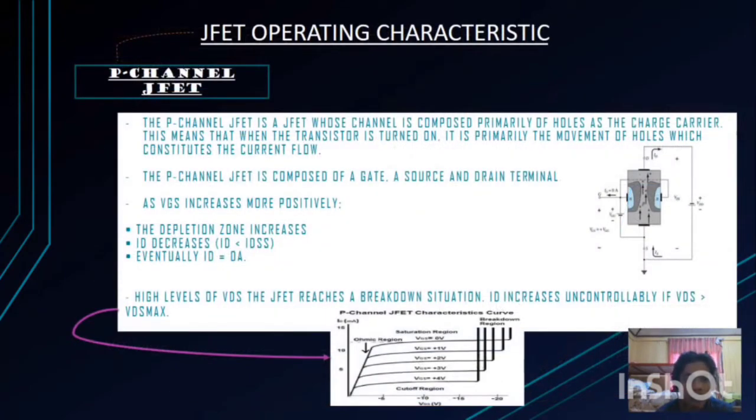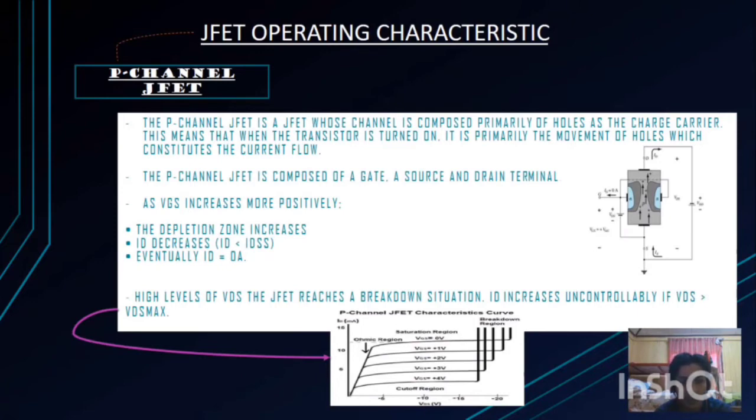Now this is the operating characteristic for the P-channel JFET. The P-channel JFET is a JFET whose channel is composed primarily of holes as the charge carrier. This means that when the transistor is turned on, it is primarily the movement of holes which constitutes the current flow.